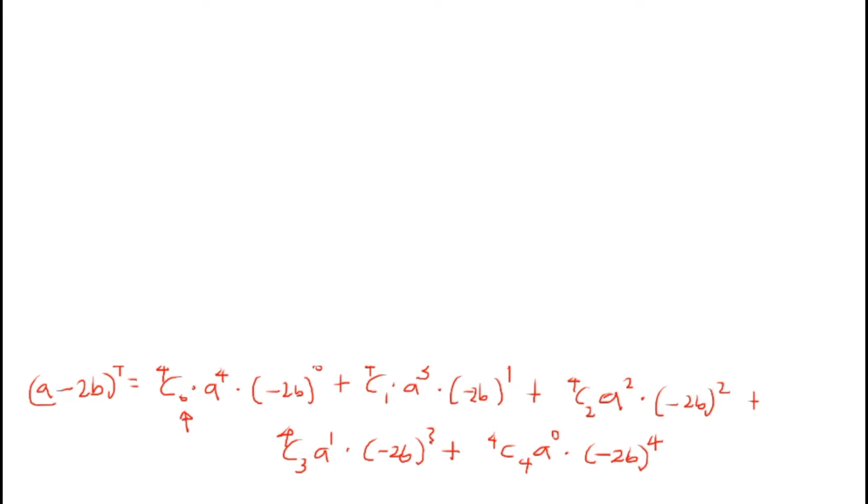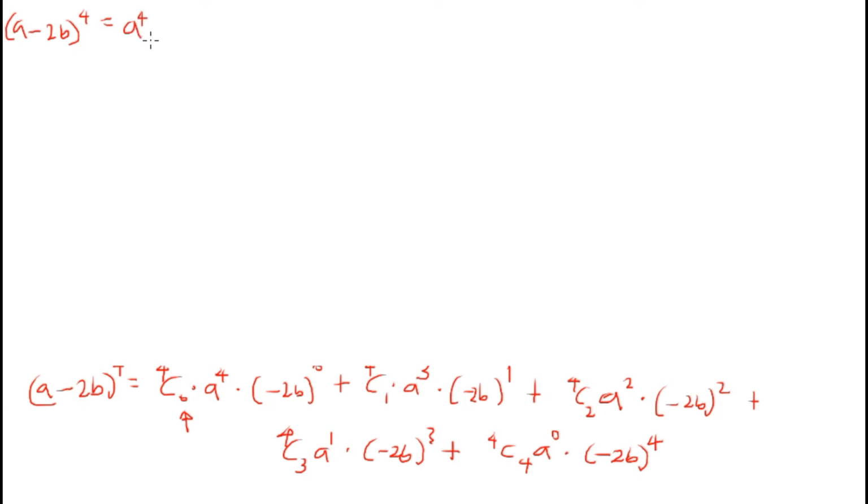So the expansion will become a minus 2b raised to power 4 equal to 4 combination 0, which is 1, times minus 2b raised to power 0, which is also 1, because anything raised to power 0 according to the law of indices is 1.